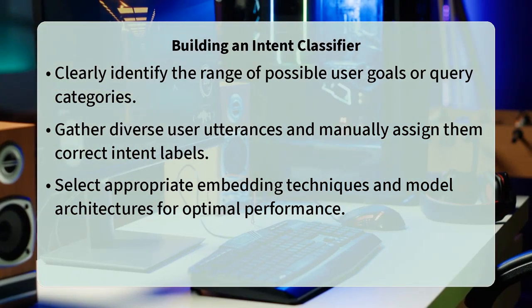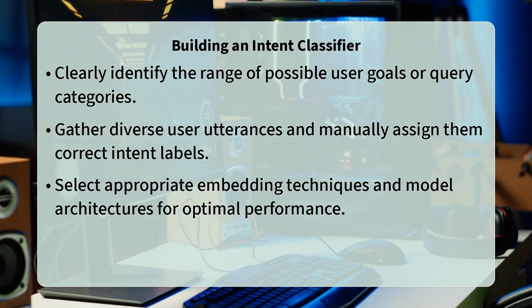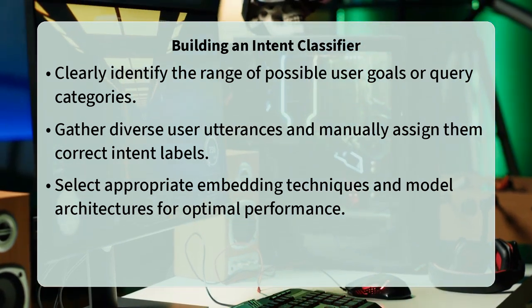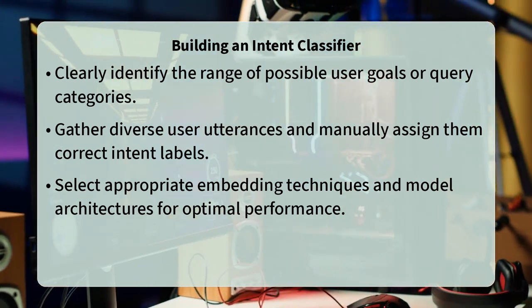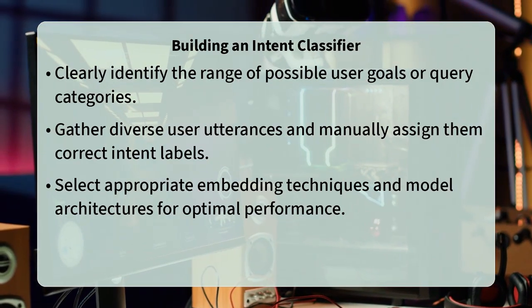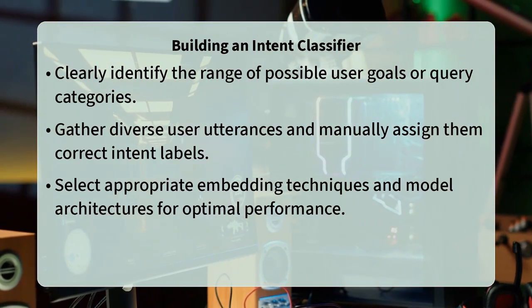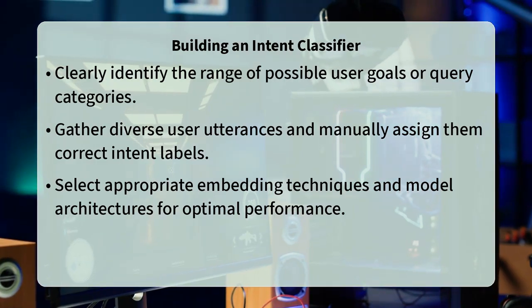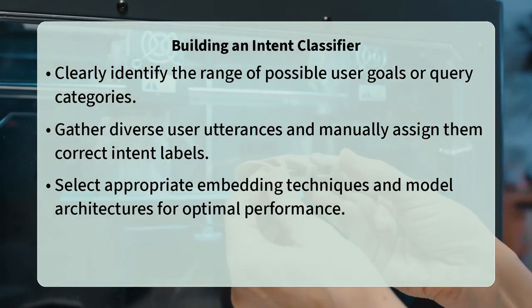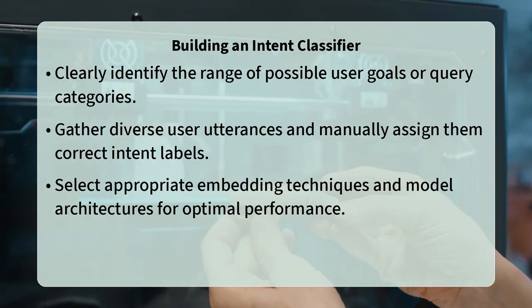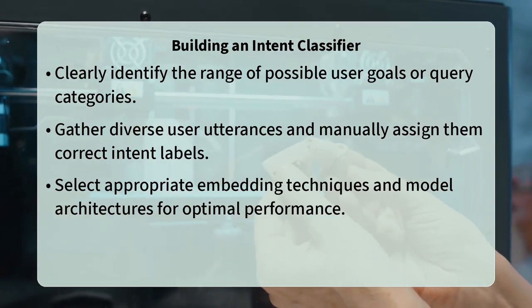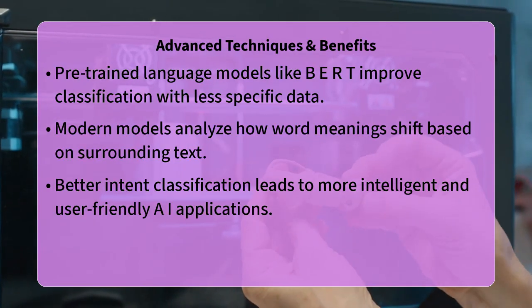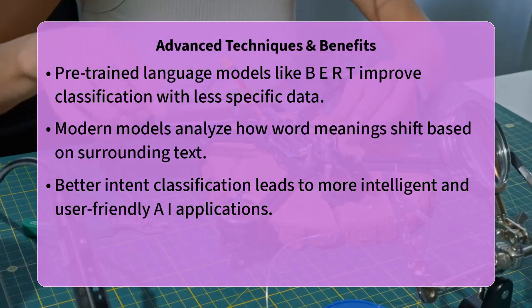One of the remarkable aspects of modern intent classification is the use of transfer learning, especially with large pre-trained language models. These models, trained on massive amounts of text data, already possess a deep understanding of language structure and semantics. By fine-tuning them on a smaller, task-specific dataset, we can achieve high-performance intent classification with less specialized training data.